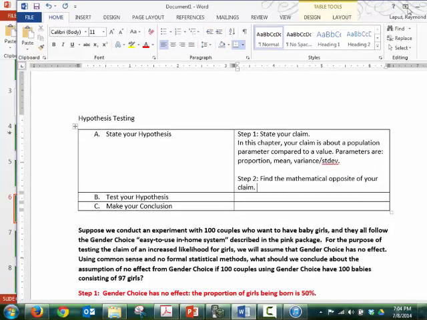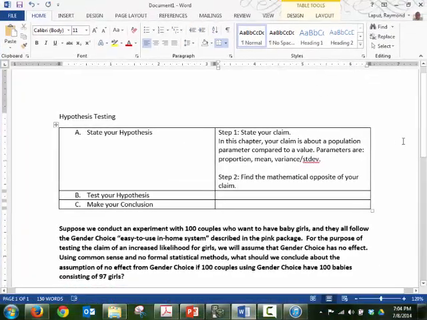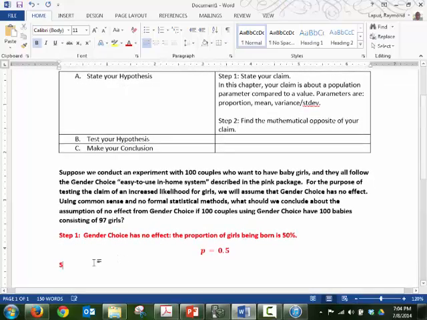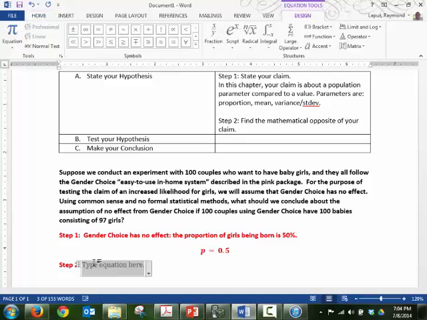So in our running example, what would be the mathematical opposite of P is equal to 0.5? Not equal to, right? So that's going to be our mathematical opposite: P is not equal to 0.5.